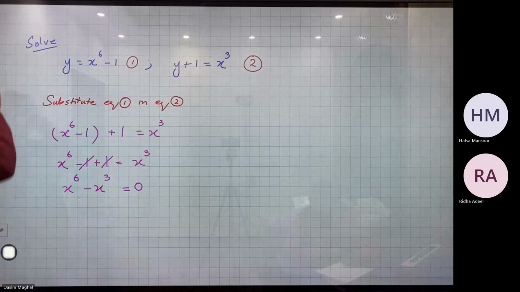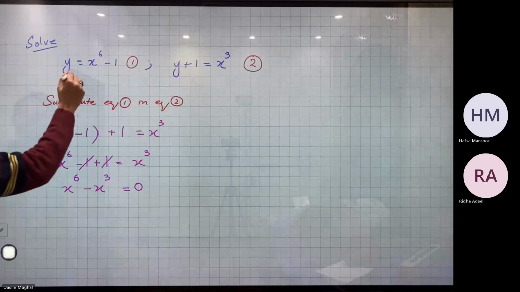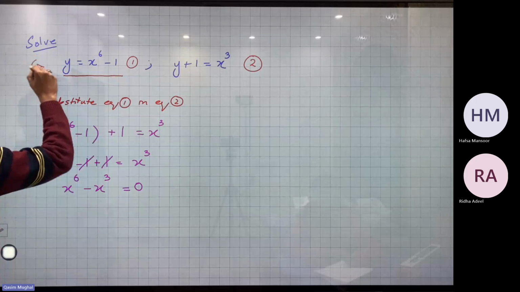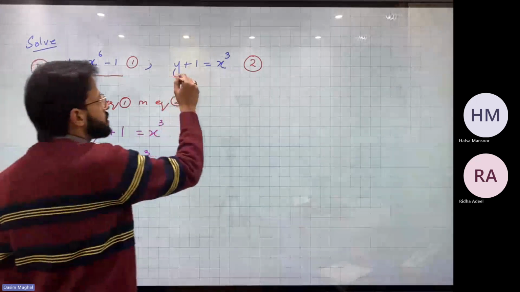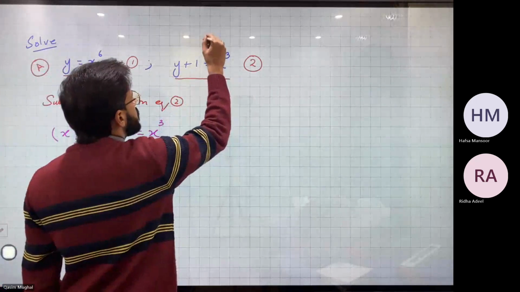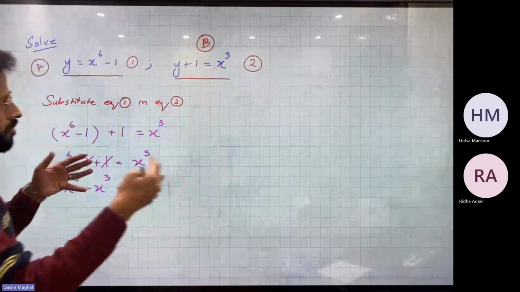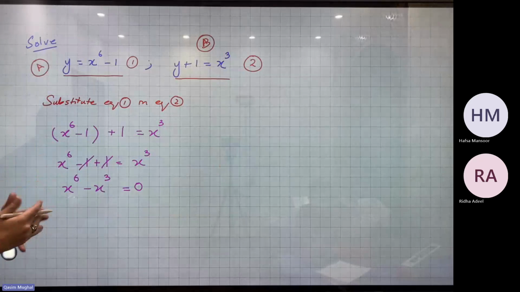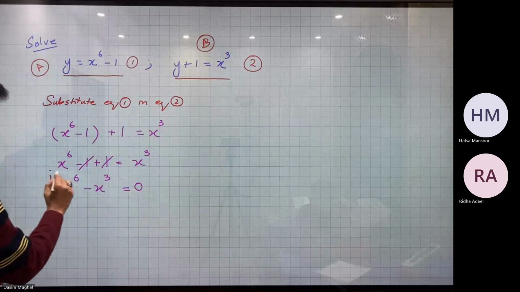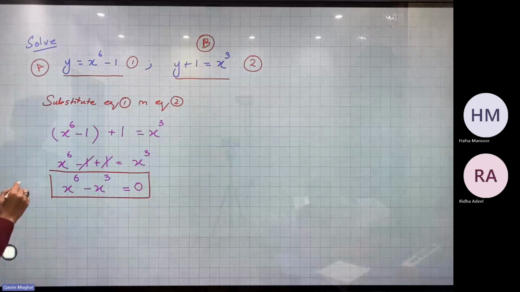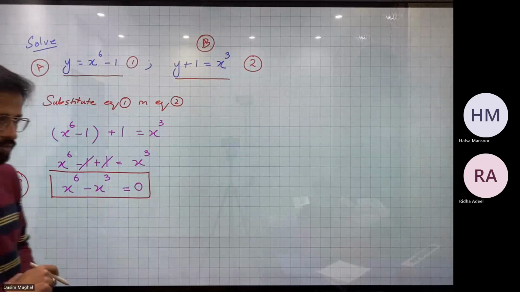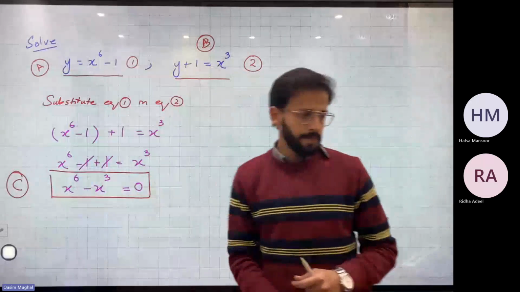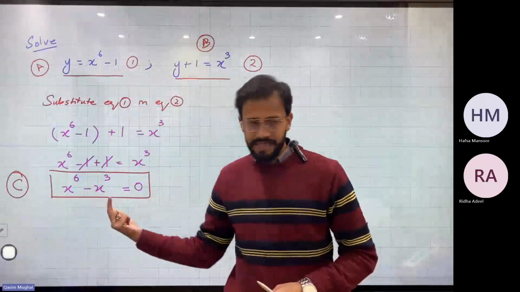Now, this is important. Let's call this equation A, and let's call this equation B. When I brought them together in order to find the common point, upon merging A and B, it resulted in a new equation, which is equation C. Now, I'm going to solve equation C, which is in x.